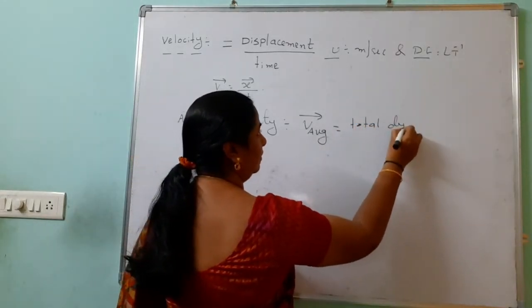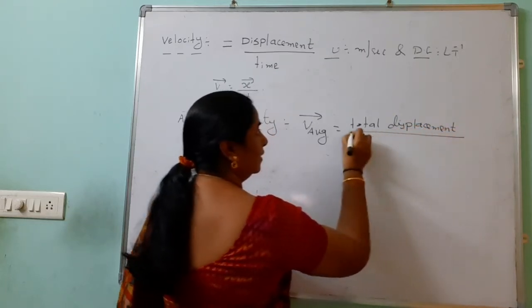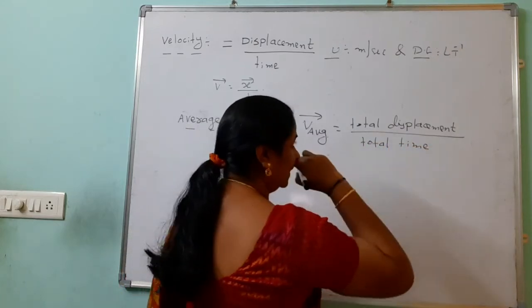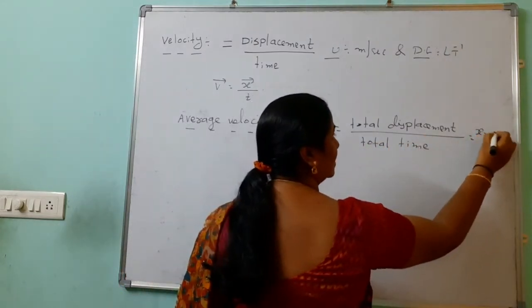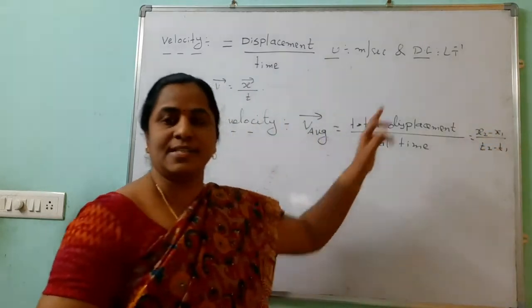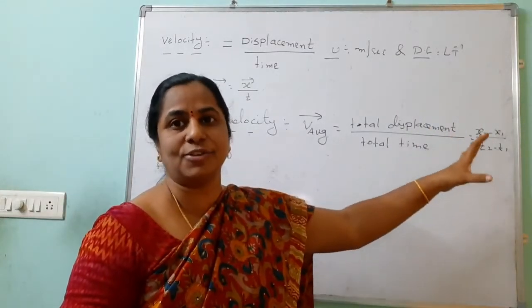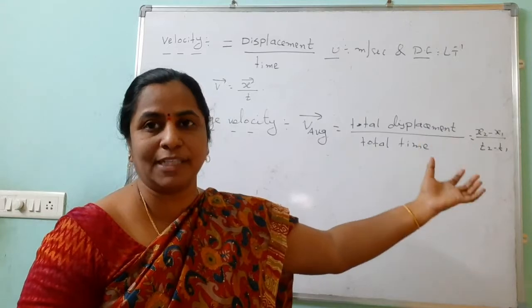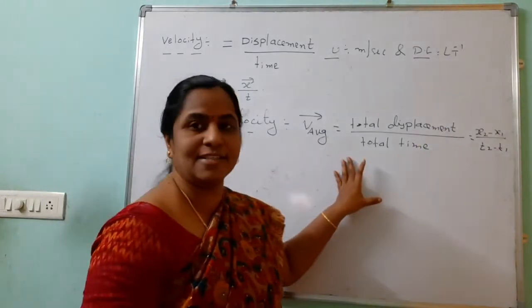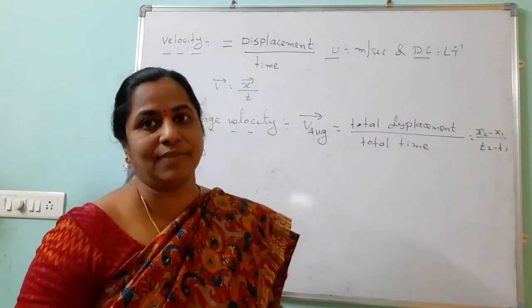It can be written as x2 minus x1 by t2 minus t1. You start at position x1 and reach the final position x2 by the shortest path. Displacement means the shortest path from the initial to the final position. Average velocity equals the change in displacement by the time interval.